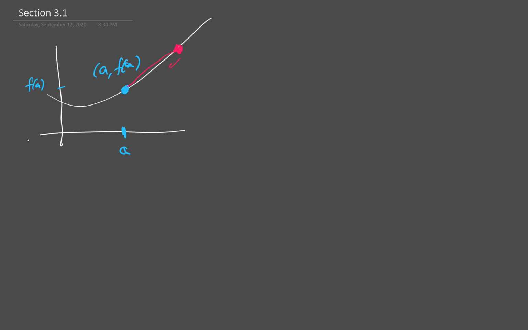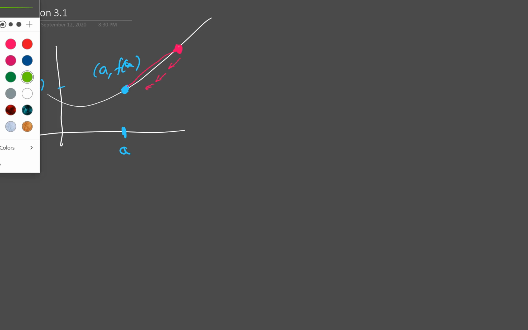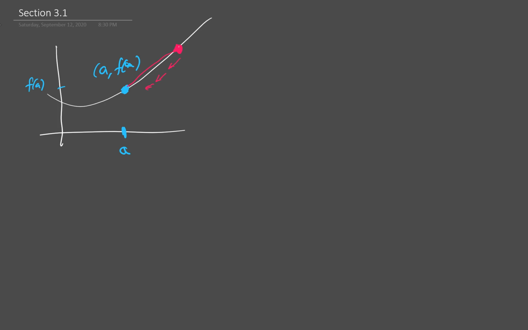But then if I slide this point along the curve, so it gets closer and closer to the first point, that slope is going to get closer and closer to the slope of the curve at this specific point. So it's going to get closer and closer to the curve's actual slope at that instantaneous point A.